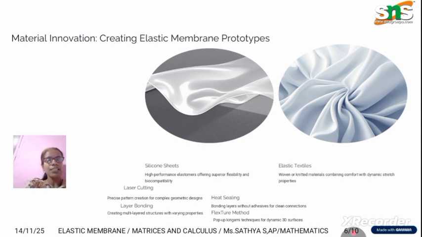Elastic textiles are woven or knitted materials combining comfort with dynamic stretch properties. The four fabrication methods are laser cutting, heat sealing, layer bonding, and fusion method. These are the methods we are using.